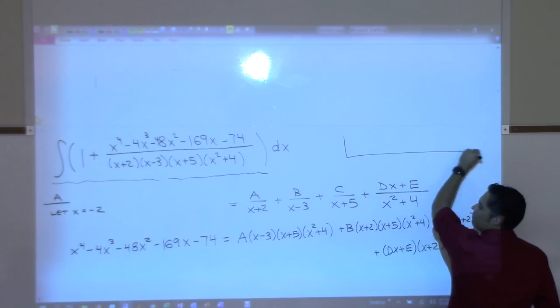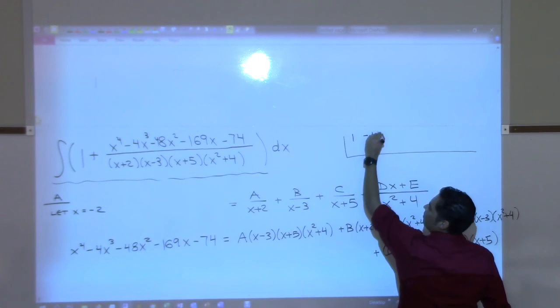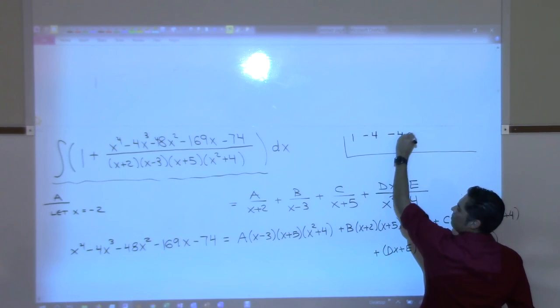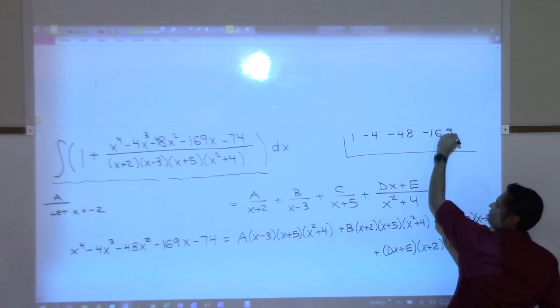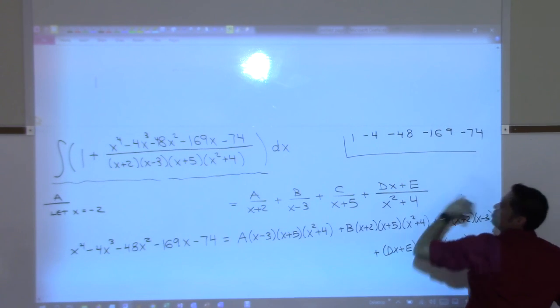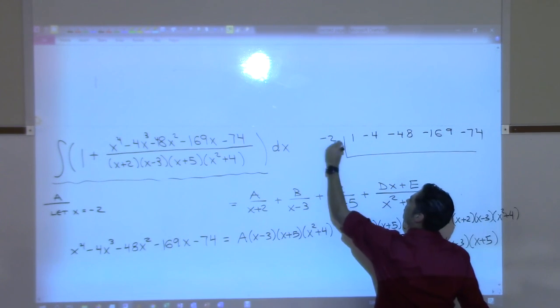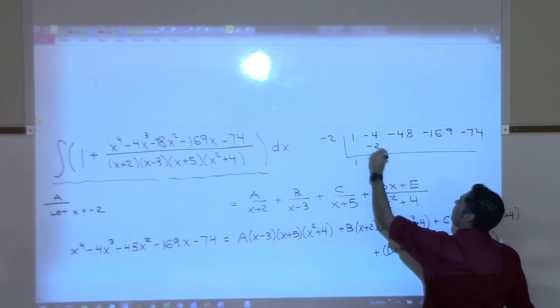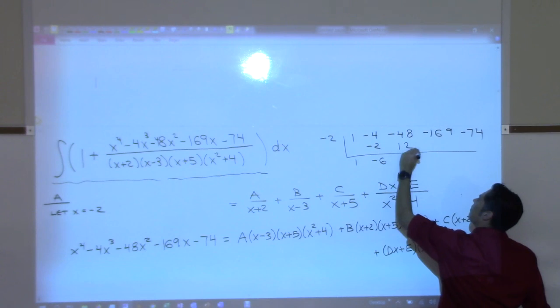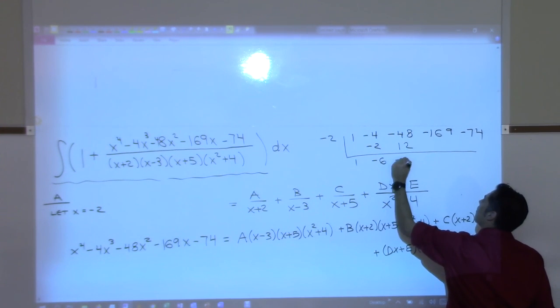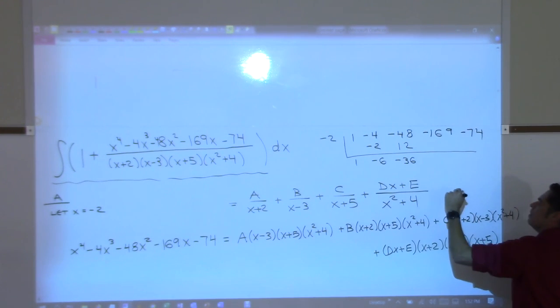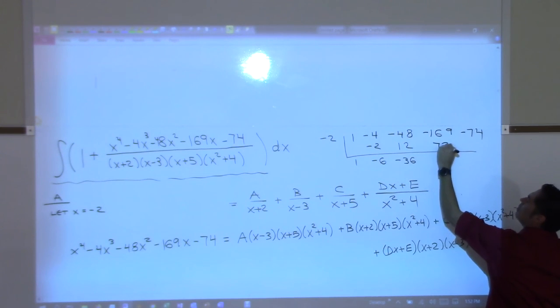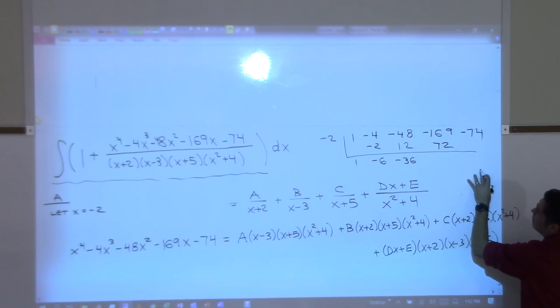We will in a minute. Someone plug negative 2 in while I'm doing this. Do it on your calculator or do it in your head, whatever. What is that? Negative 36, 60, 72. What is that? 90.